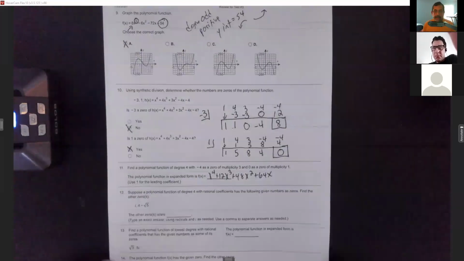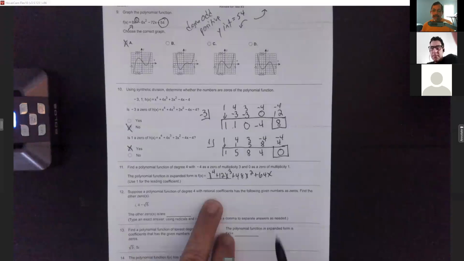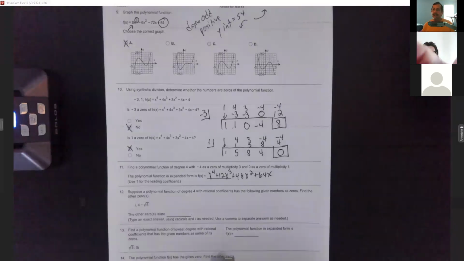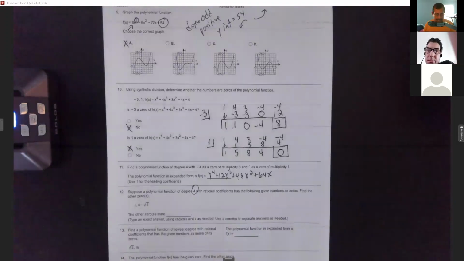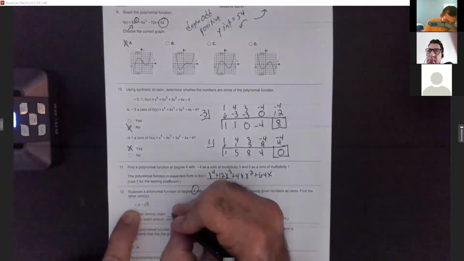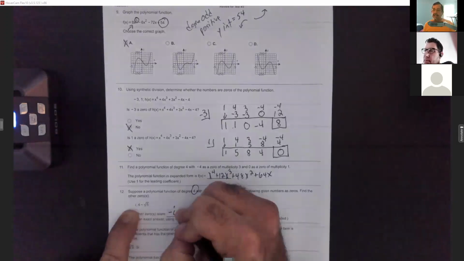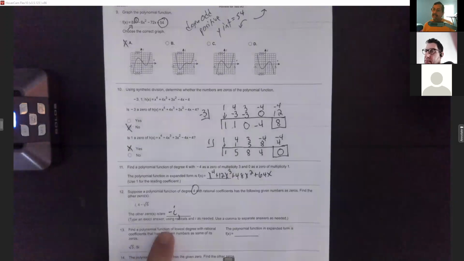All right, 12. They're saying, hey, you got a degree 4 polynomial, and it has the following zeros. Find the other zeros. So that means there's a total of 4 maximum zeros. They gave me 2 of them. So on this question, they want you to realize that if they give you i as a 0, then its conjugate, which is negative i, is also a 0.